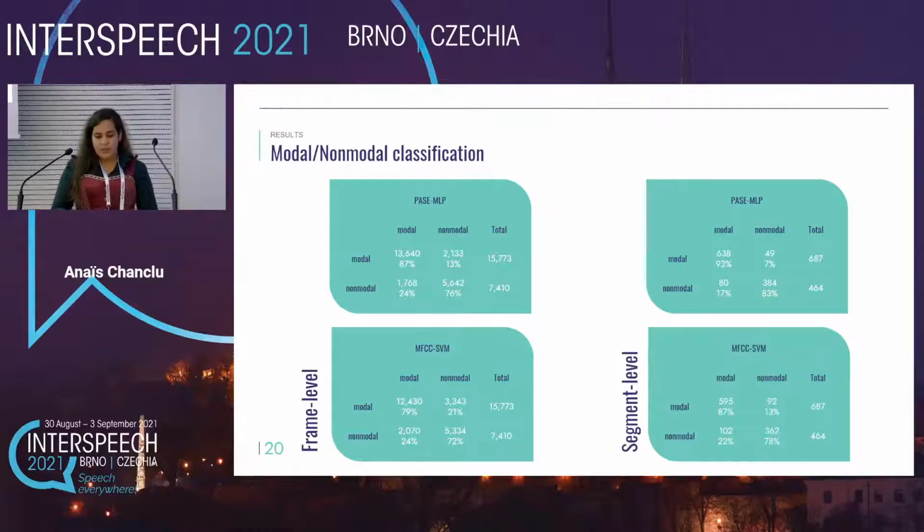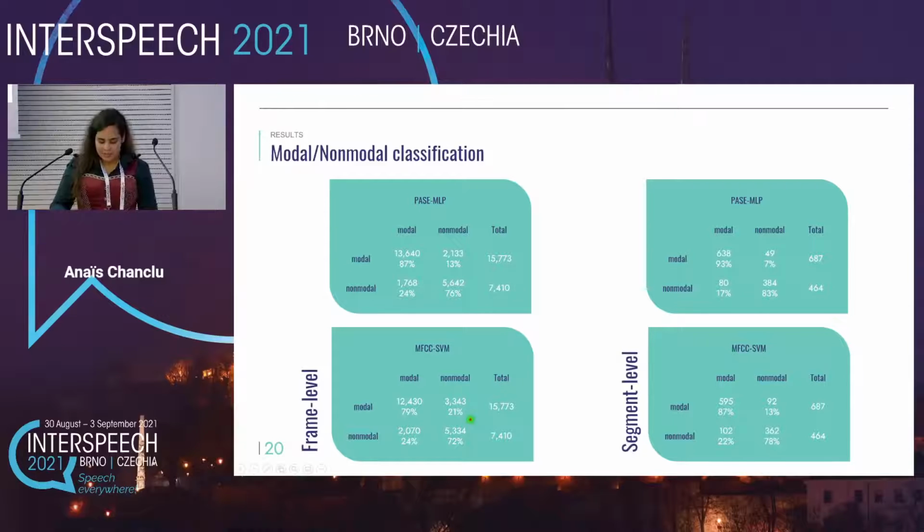At the frame level, 87% of the modal frames and 76% of the non-modal frames are classified with the PAVE MLP system. The reference system shows lower performance with respectively 79% and 72%.